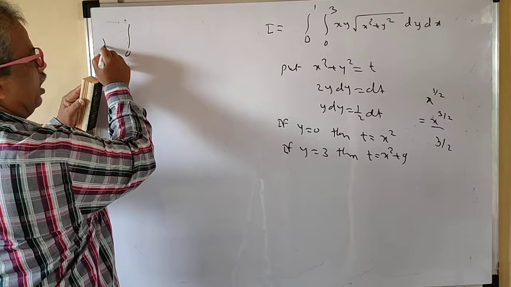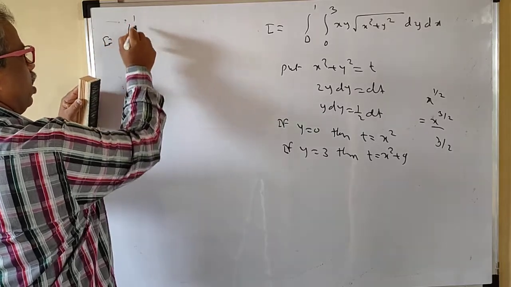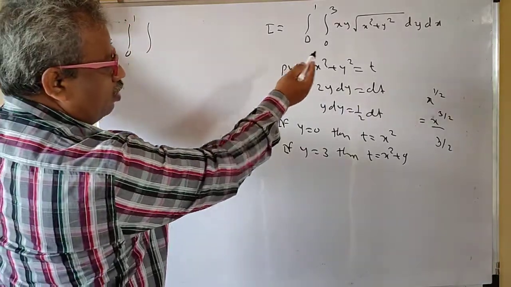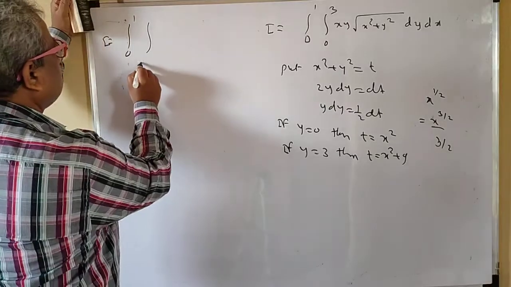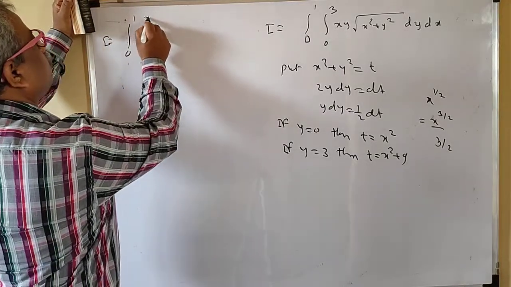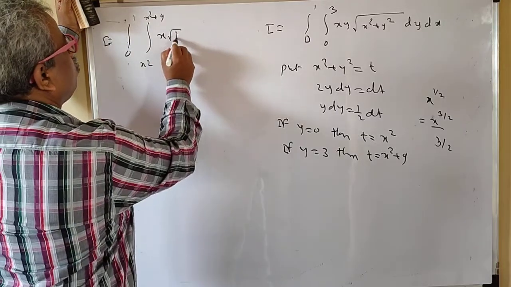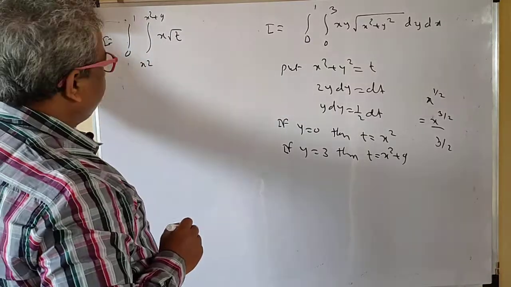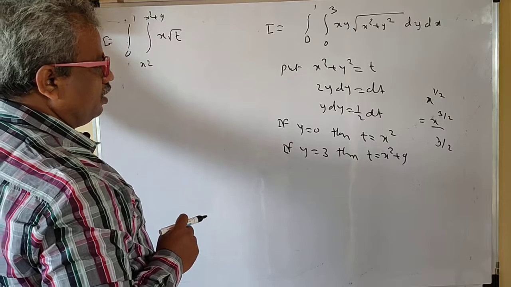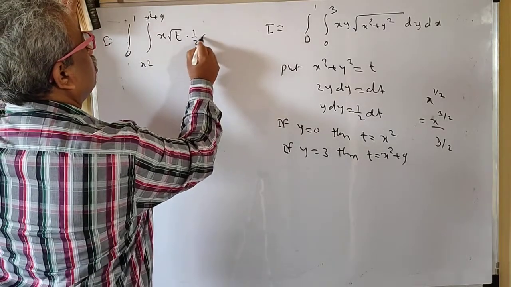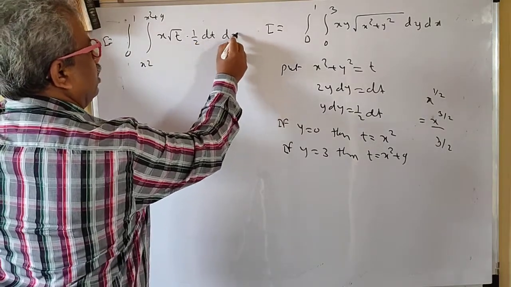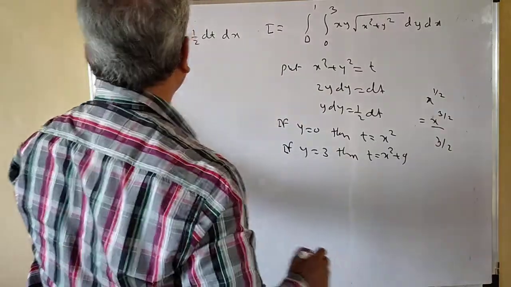So I is equal to integral 0 to 1. Now when your y is 0, this is x square, and when y is 3, this is x square plus 9. Now this is root t. This is root t into half dt and dx. Okay.